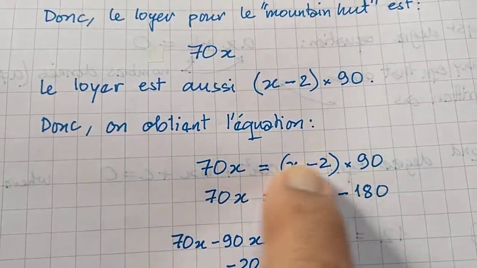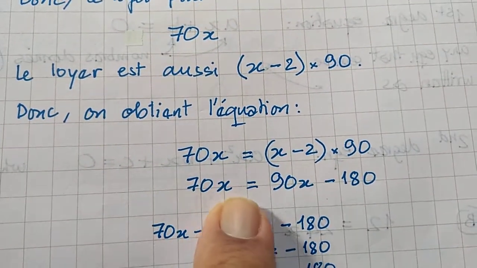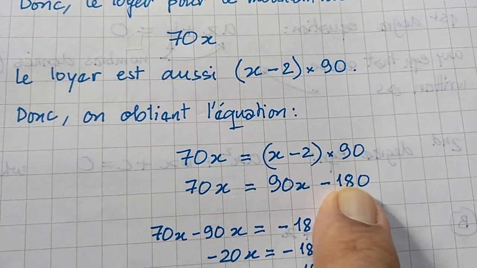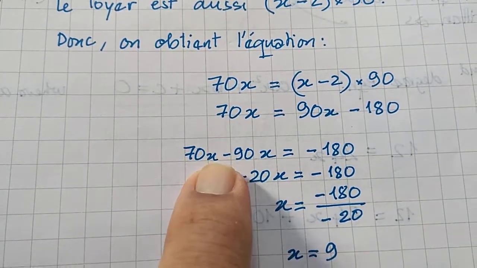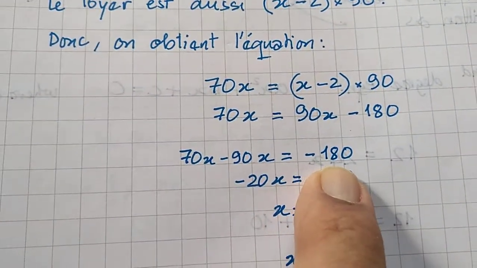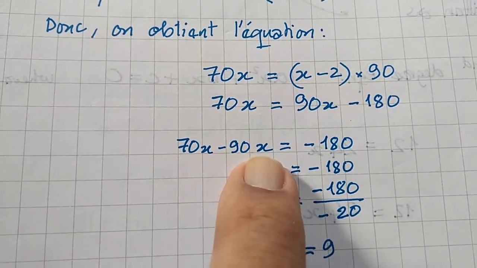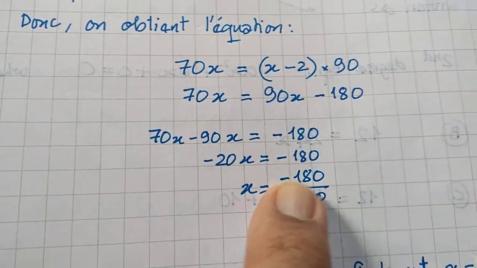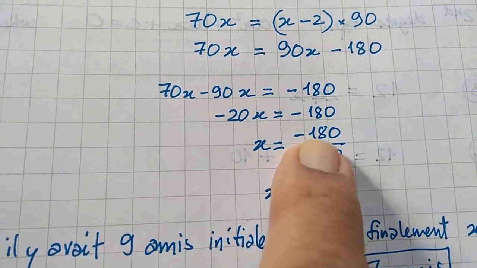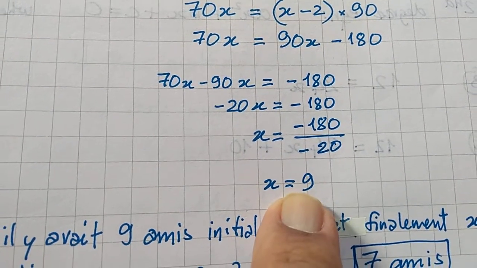First we expand, we remove the bracket, so we get 70x equals 90x minus 180. We move x to this side: 70x minus 90x is minus 20x, equal to minus 180. Therefore x equals minus 180 over minus 20, x equals 9.